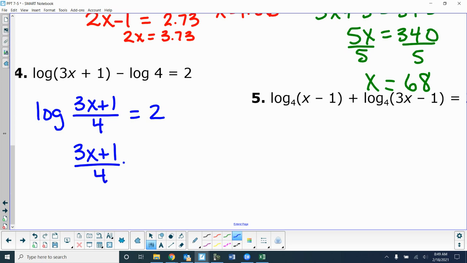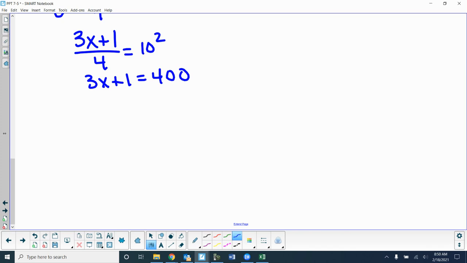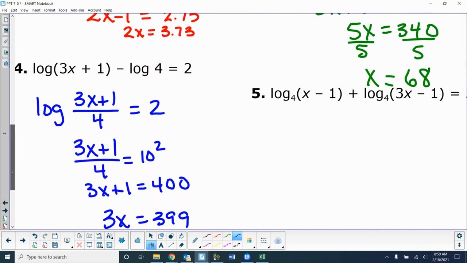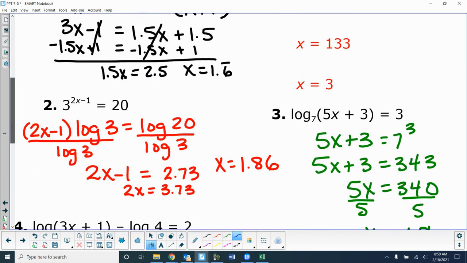Equals that. So how do I move the 4? Very good. So what's 4 times 100? 400. You guys are so smart. And then subtract 1. 399. Divide by 3. 133. Is that our answer up there? Yeah, there it is.